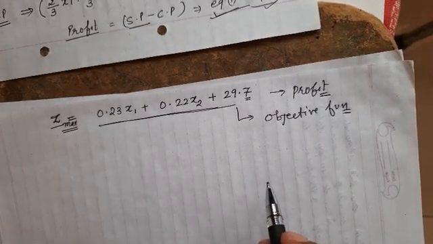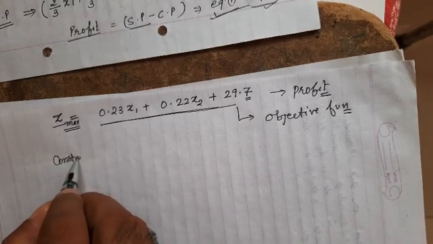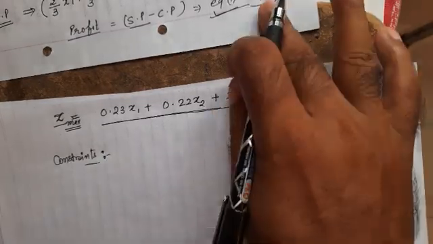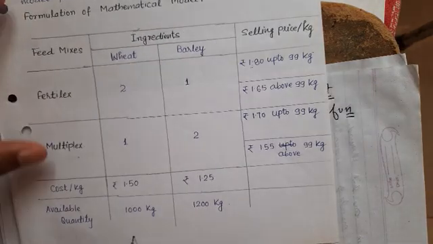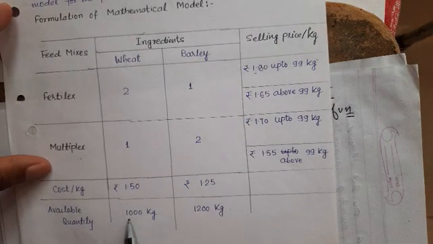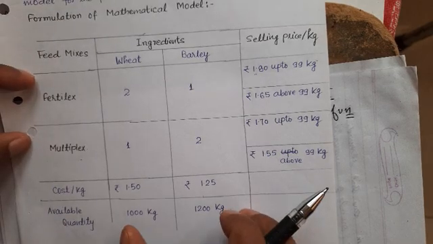Now moving to the constraints. In this particular problem, what are the constraints? Constraints are the availability of the quantity. Wheat is available in 1000 kg. Barley is available in 1200 kg. And we know the total quantity of the wheat, which we have already found.